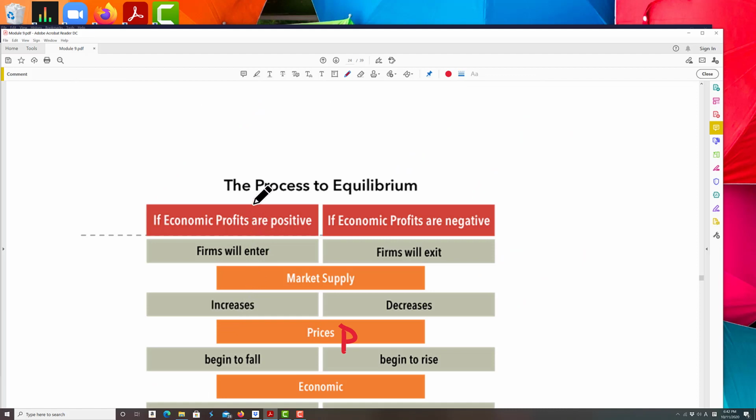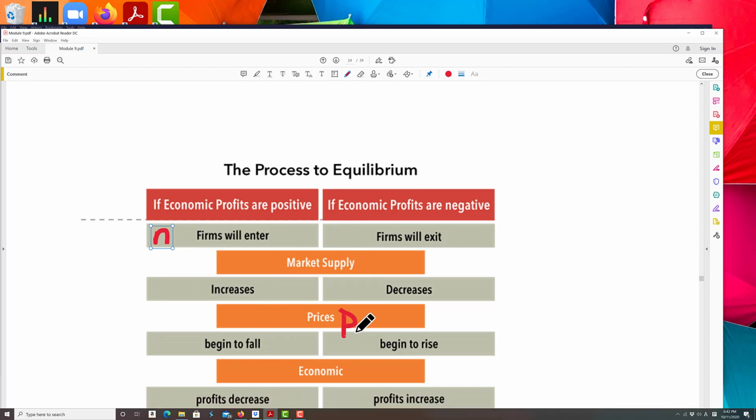So this table explains the process of equilibrium. If economic profits are positive, more firms will enter. The number of firms N goes up, and market supply increases.